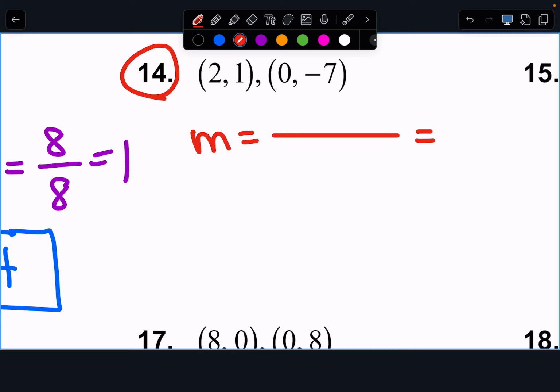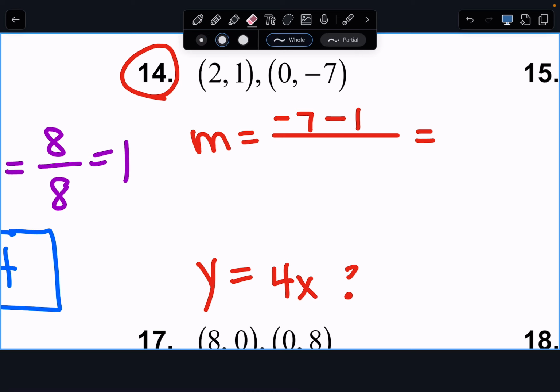Okay, Zoe, can you just tell me what you have for your y equals mx plus b? You sound like you have a question mark right here.